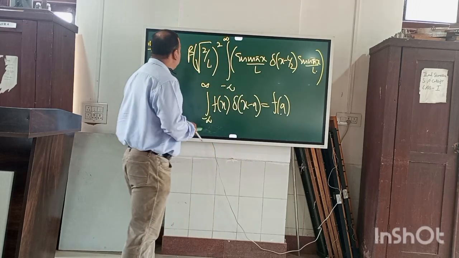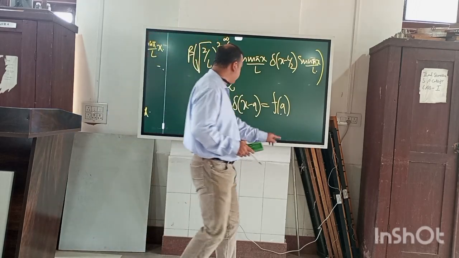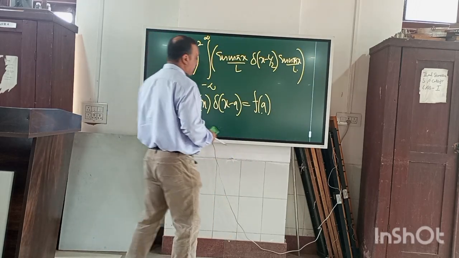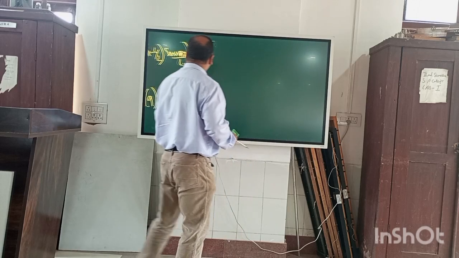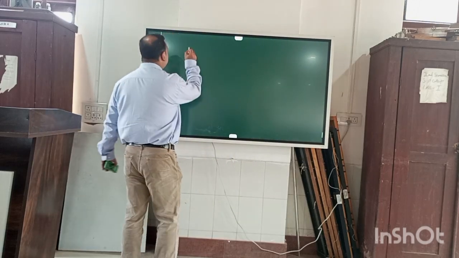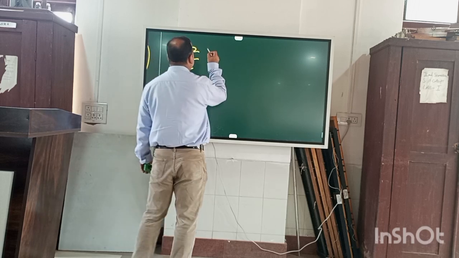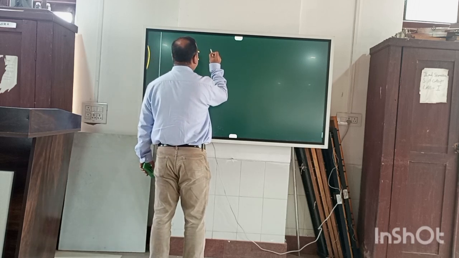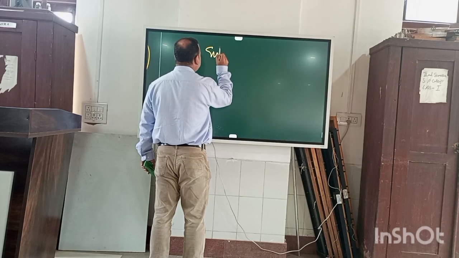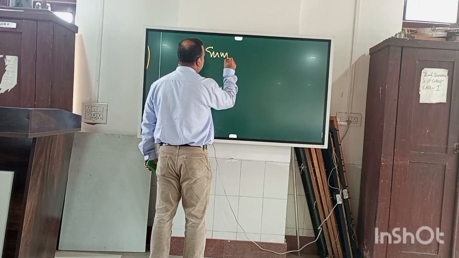So the solution of this integral can be written directly. We obtain beta, the square root squared cancels, so this is 2 by L, and the integral comes out as sine of m pi by L.